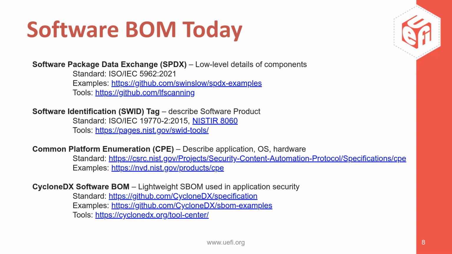There's the Common Platform Enumeration, or CPE, methodology and tool set, and it's used to describe applications, OSs, and hardware today, which is standardized by NIST. And then there's the CycloneDX software bill of materials, and that is actually used quite a bit today if you're doing any third-party dependency scanning. Most likely, CycloneDX is used in that process.